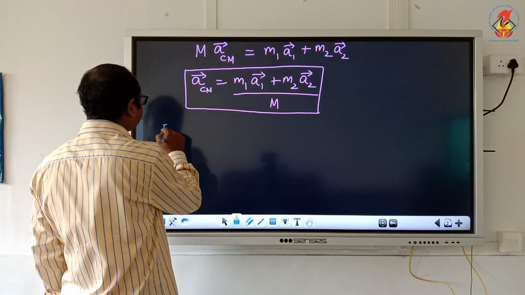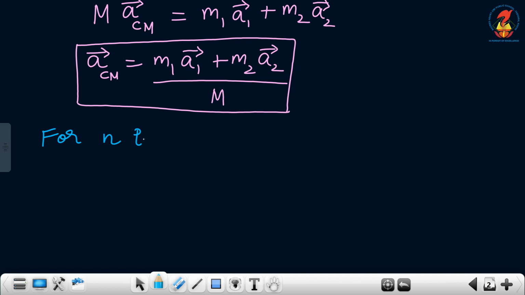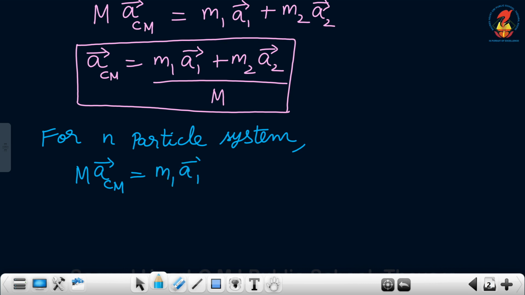For an n particle system, I am going to write M ACm is equal to m1 A1 plus m2 A2 plus m3 A3 plus and so on up to mn An.